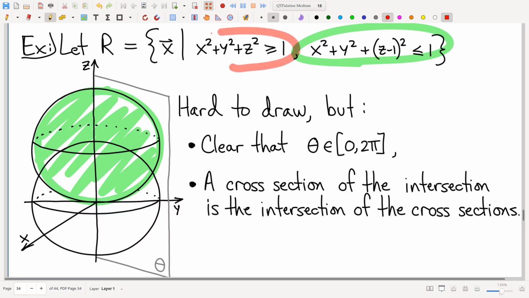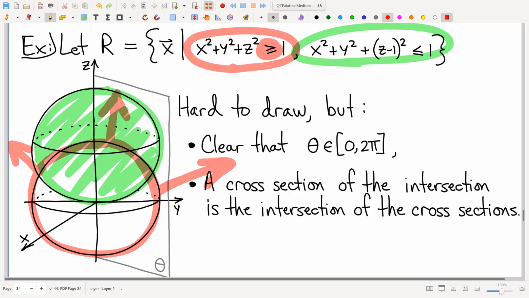And then wait a second. You've got to notice this is not a less than or equal. That's a greater than or equal. That means what we have in red here says we're looking for points outside of this ball. So we're looking for points that are outside of the red ball.